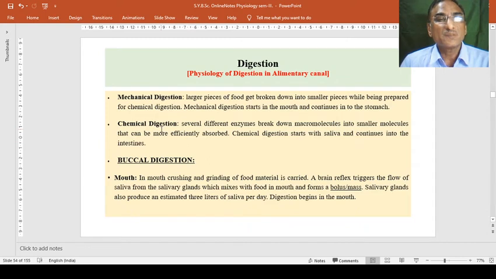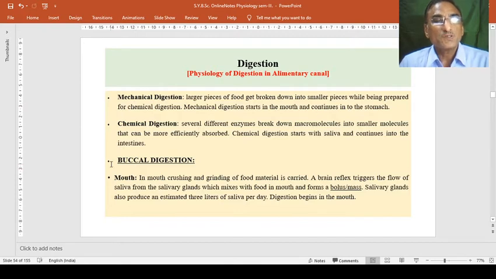Chemical digestion means several different enzymes break down macromolecules into micromolecules, meaning small molecules. Macro means large molecule, and the small ones can be more efficiently absorbed. Chemical digestion starts with saliva and continues into the intestine. So actual digestion starts from the mouth to the intestine. Means in the mouth the first activity of digestion is carried out.